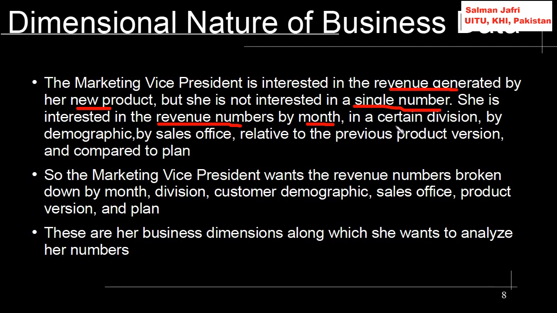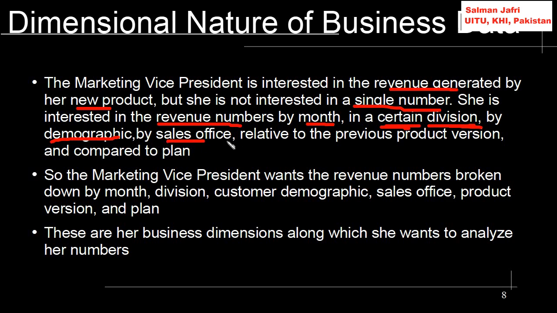She may also be interested in a certain division, how the product was sold in a certain division for that matter, right? Or a certain store, that we might say. By demographics, right? What is the age group that's mostly using the new product, for example?